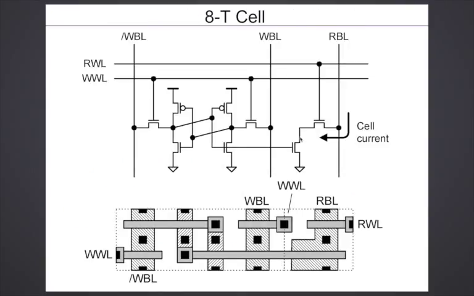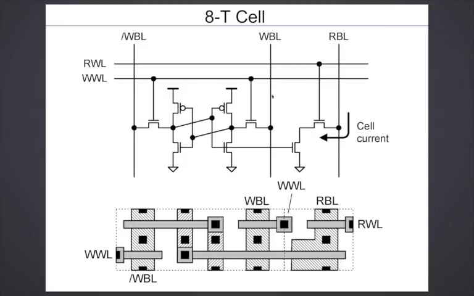So one approach to solving this problem, as I said, was to actually prevent the read current from going into the cell. The way you do that is by having an extra pair of transistors and a separate bit line from which to read the cell. You see here, this is the standard 6 transistor cell.